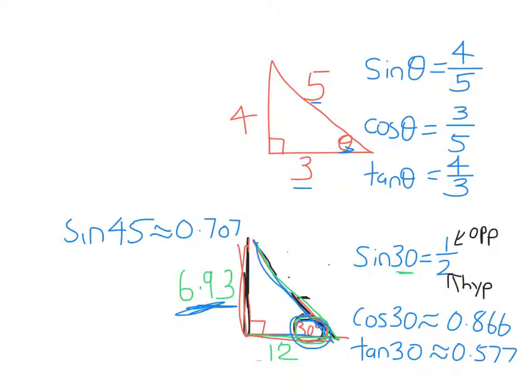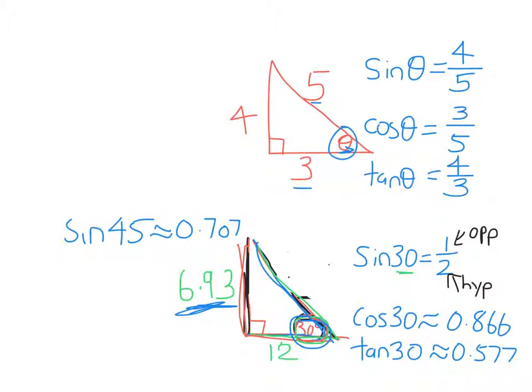But what I want you to get out of this video today, you need to be able to label the sides appropriately. When you're given an angle like this, you need to be able to label them as opposite, adjacent, and hypotenuse. And you need to be able to identify the sine ratio, which is the opposite side divided by the hypotenuse.